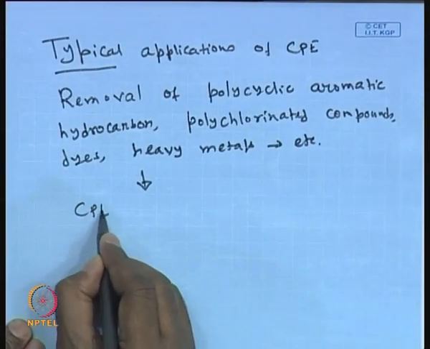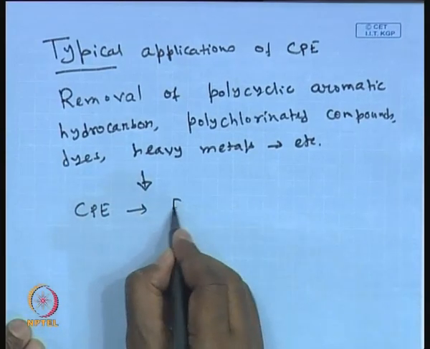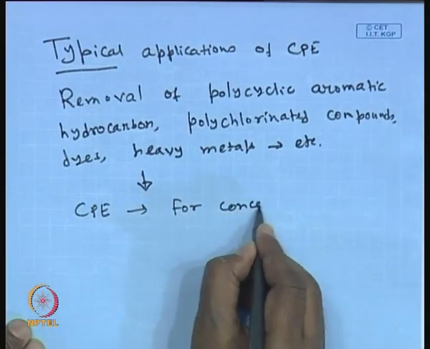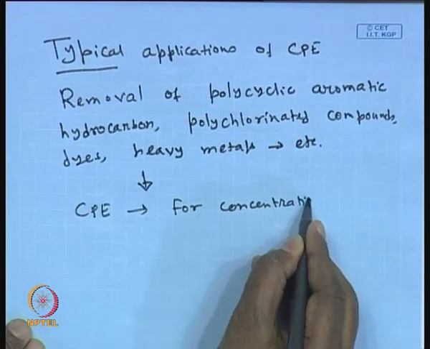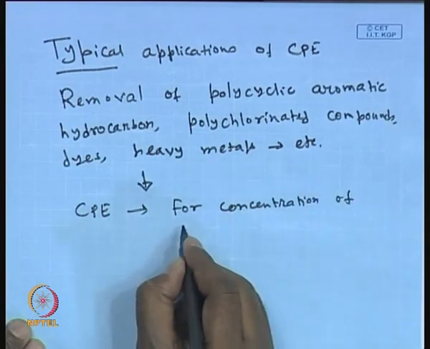Therefore, since the volume is much less in the coacervate phase, the concentration of the pollutants will be very high in that phase. That means it will be a concentrated phase. So, one can use cloud point extraction for concentration of solutes.